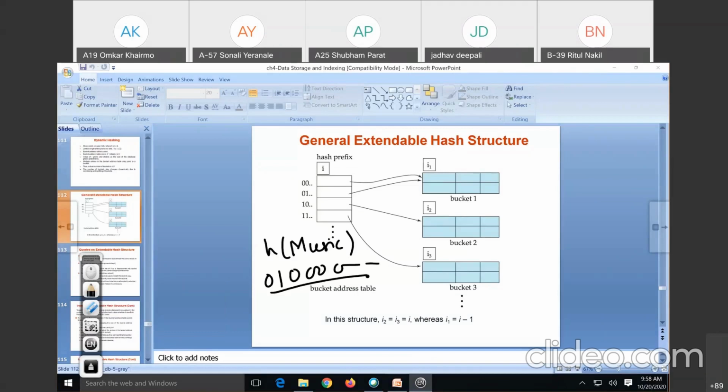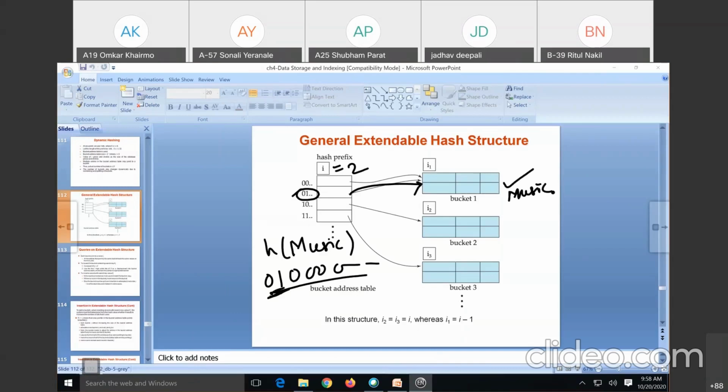Now, how to locate the record? Search the record with the first i bits. Here i is equal to 2. So the first 2 bits, start with the bucket address table where it is 0, 1. Then the first 2 bits are 0, 1. Follow the pointer, it points to bucket number 1. Here we will get the record with the music department.